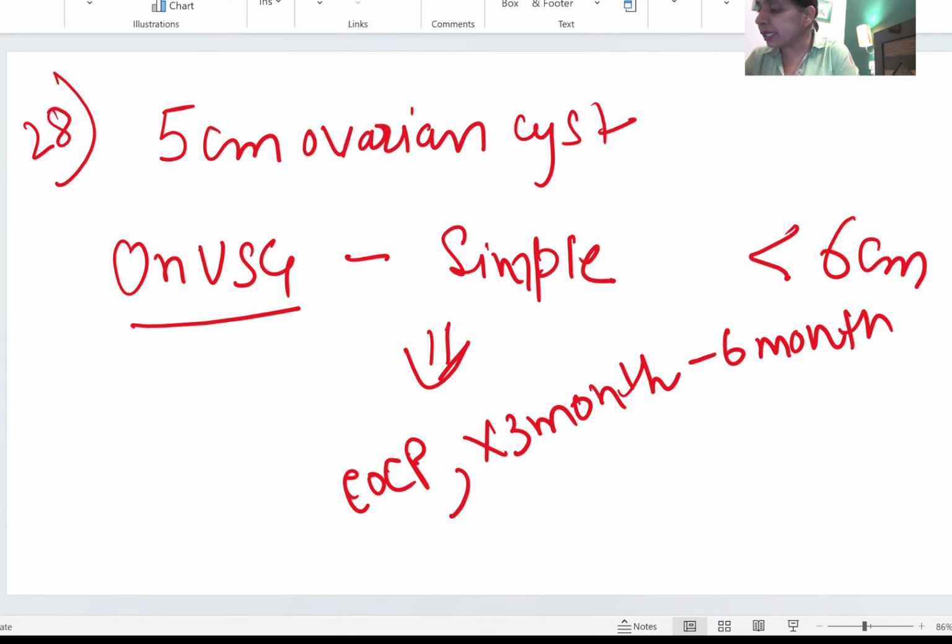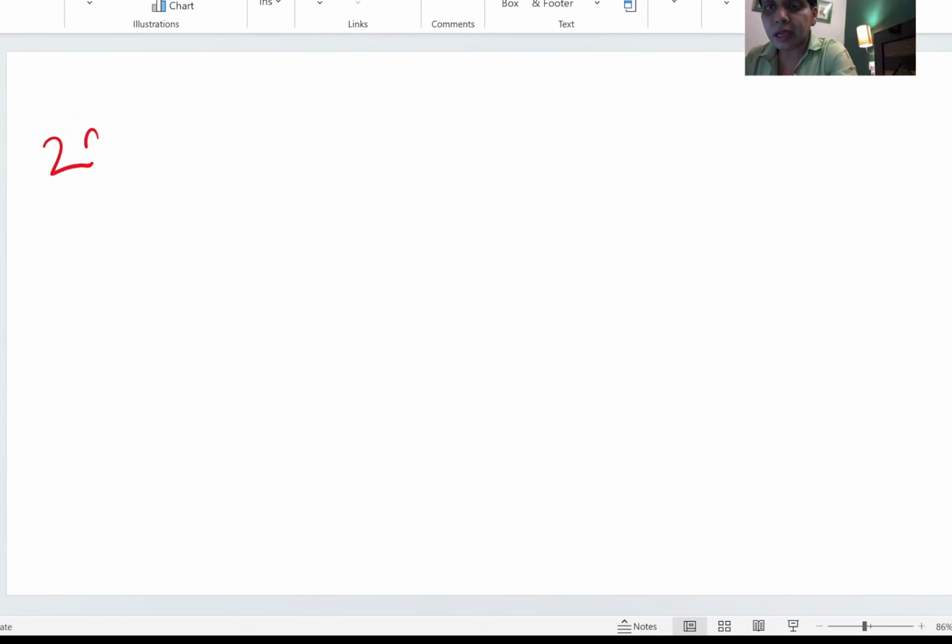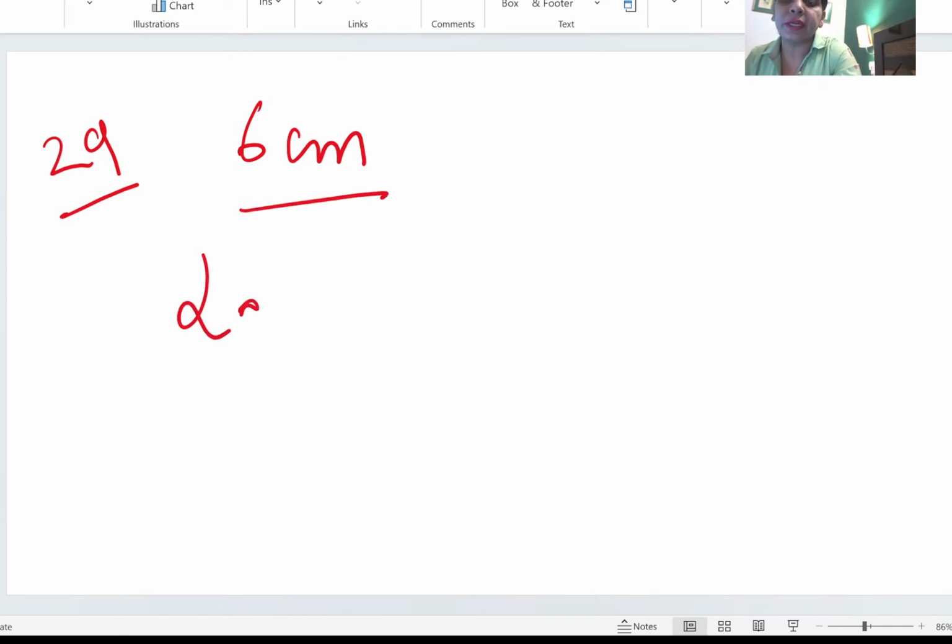Another question which came next is 29. In question 29, you can see that the cyst size is 6 centimeter. Sorry, it is something different. One more question came in today's quiz, in which the size was 6 centimeter. There we have done lap cystectomy.